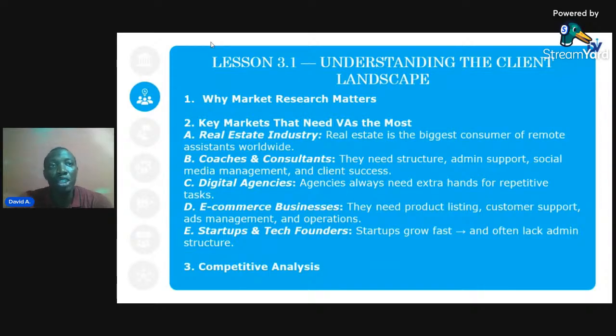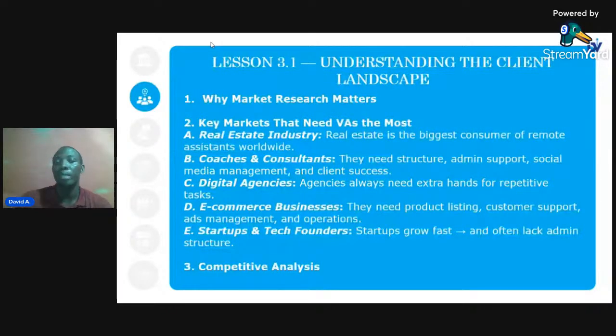A large number of them have a high demand or need for operational management, for social media support, hiring support. A lot of the times they don't even have the right hiring documentations, and they need help with it. Client communications, admin support. And again, because they are growing fast, the CEO might not have the time to chase after every one of these things, right? So that is where you come in.